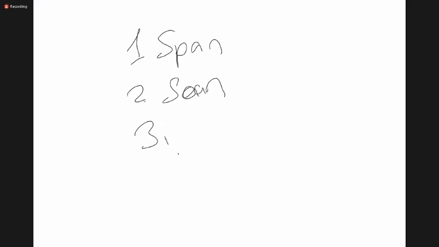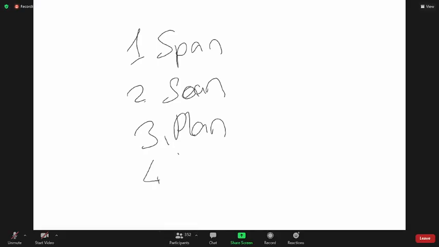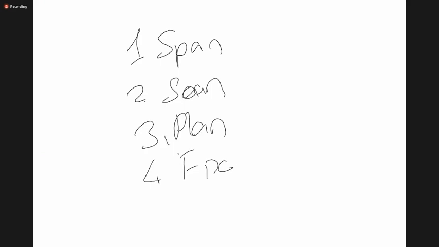So in pylon fractures, there's something called span, scan, plan, and fix. Span is the fixator, scan to see how it is, plan, and then do the fixation.